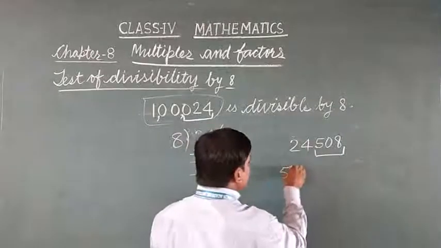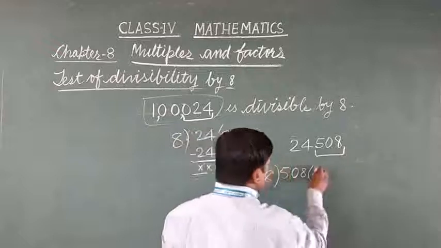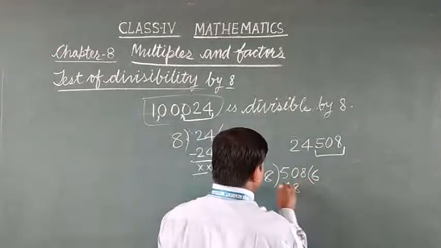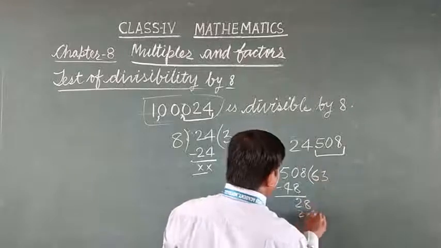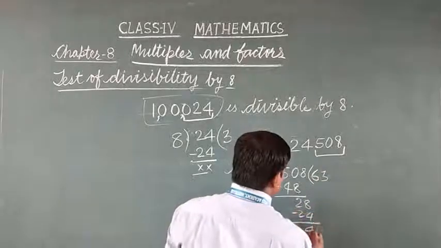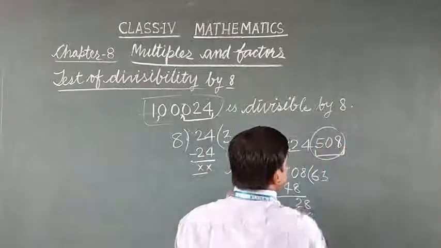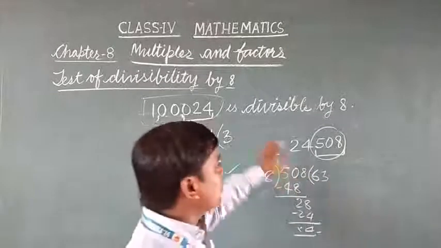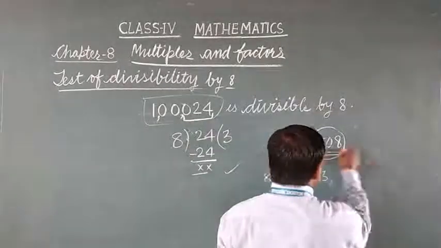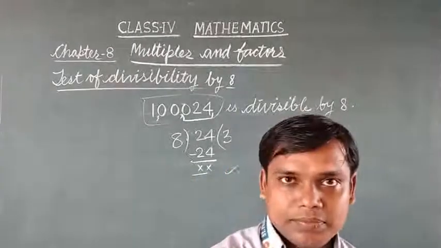So 508 we divide by 8. 8 6s are 48. 8 3s are 24. Here remainder is coming, means this 3 digit number is not divisible by 8. Therefore this number 24,508 is not divisible by 8.